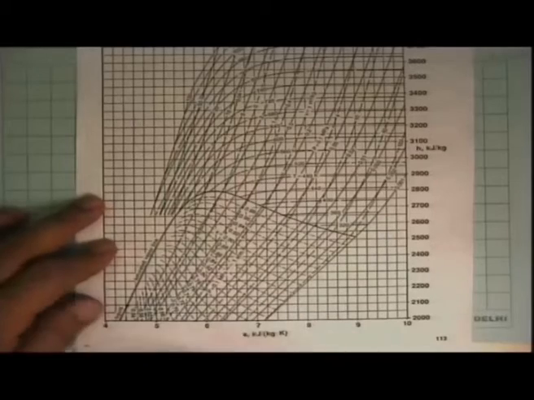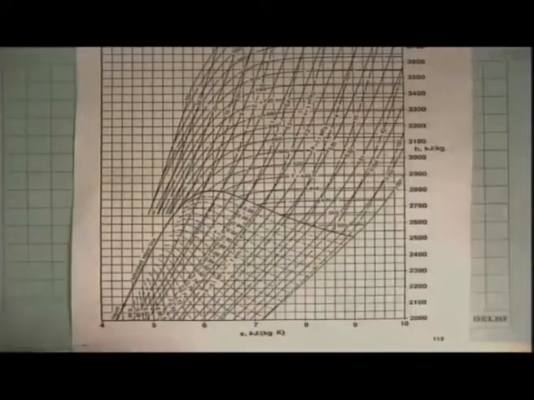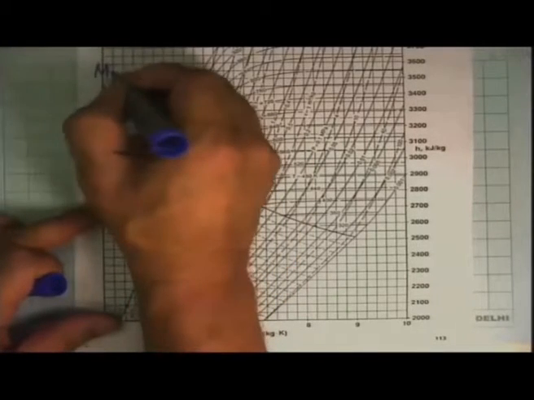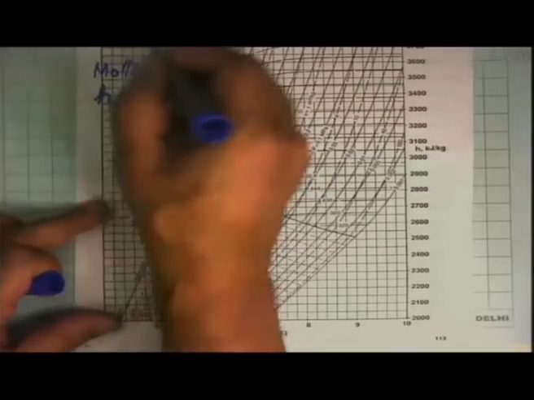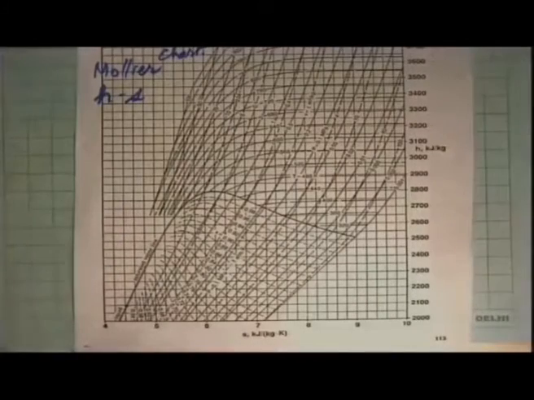This diagram has H on one side, S on the other side. So this is the HS diagram, and popularly this was known as the Mollier diagram or the Mollier chart. A whole generation of engineers did design of thermal power systems and other steam-based systems with this diagram.